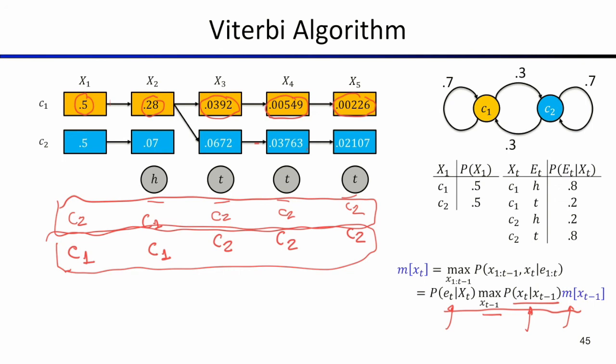As we are just doing multiplications here, it's a good scenario for the log probabilities, because we're going to replace those multiplications by sums. So the standard implementation of the Viterbi algorithm is with log probabilities instead of just probabilities.